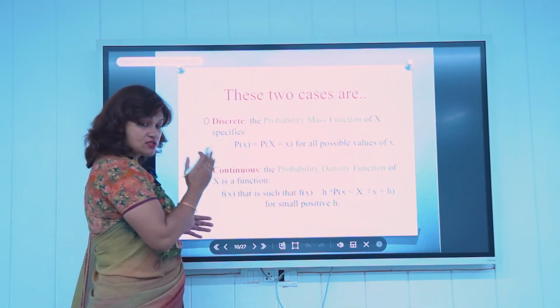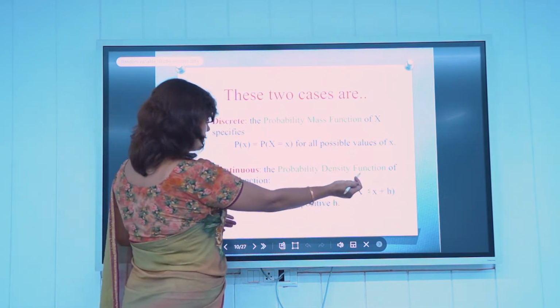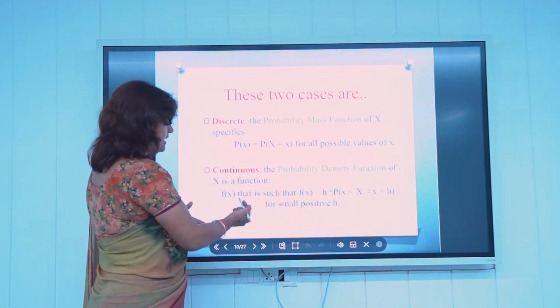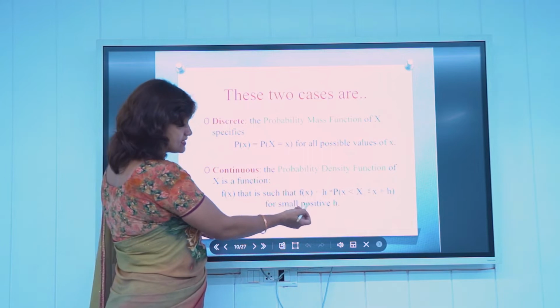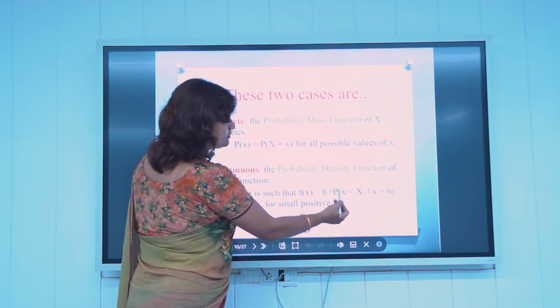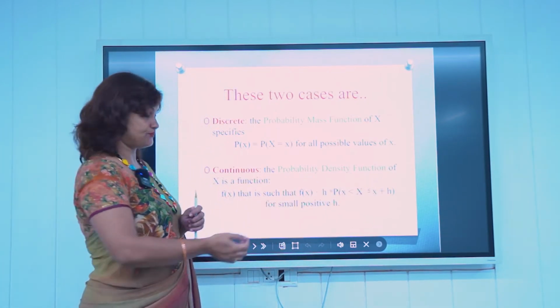In the case of continuous random variable, we will come across the probability density function of capital X, a function f(x) such that f(x)h is the probability that capital X lies between x and x plus h, for small positive h.